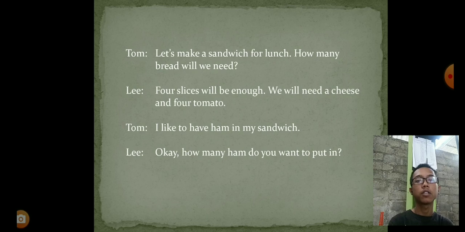You can read it first. 4 slices will be enough. We will need a cheese and 4 tomato. I like to have ham in my sandwich. Okay, how many ham do you want to put in?